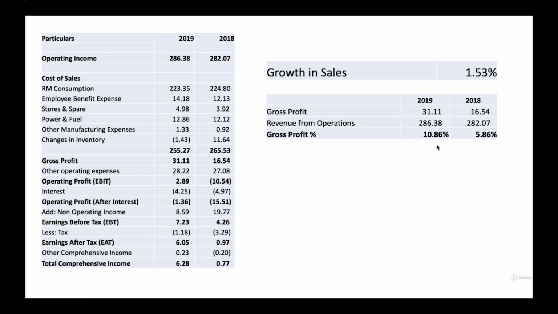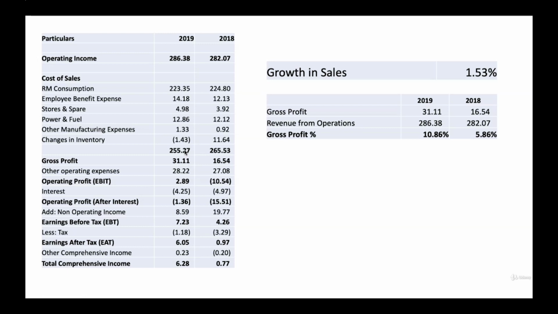Because in the previous year, that is 2018, what was their total cost? It is 265, whereas their revenue is 282, right? And so they had a profit of only 16.54 crore, whereas in 2019 it jumped to 31.11.